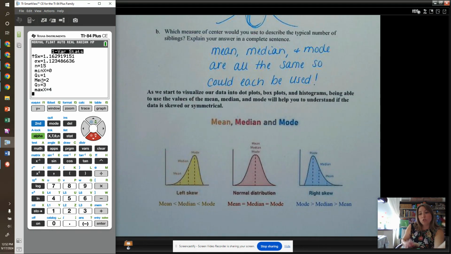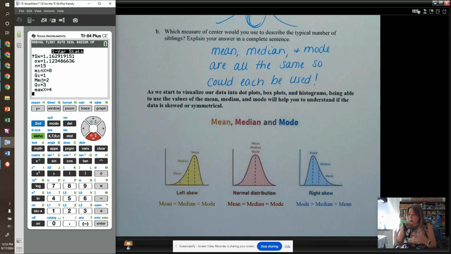So the second you're skewing one direction or the other, and the median and mean are farther apart from each other, pick the median as your typical measure of center because it's actually a data value present. The mean might not be an actual data value present because it is pulled in either direction by a big or a small data value.